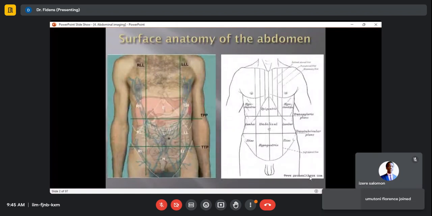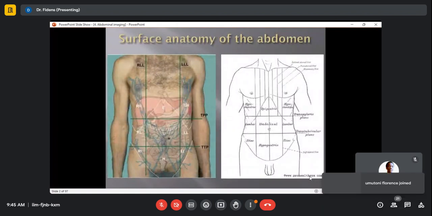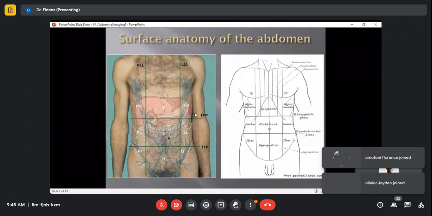So for the anatomy, I think the surface anatomy of the abdomen, you know it. You know the abdomen from the overview.